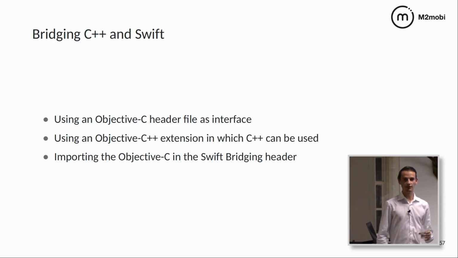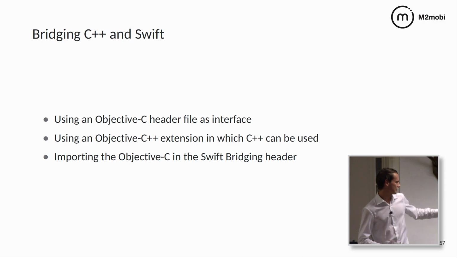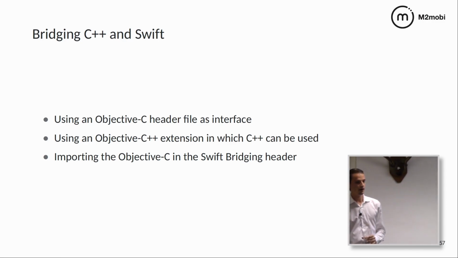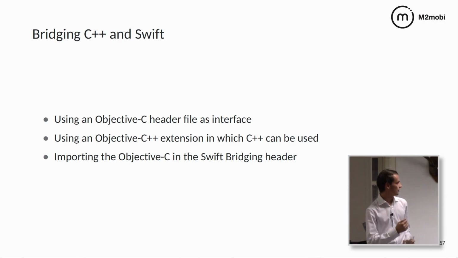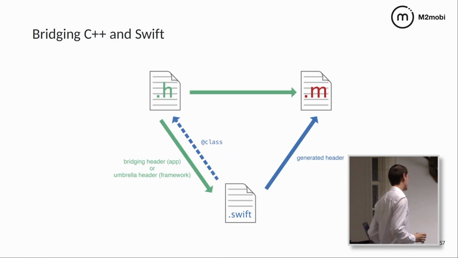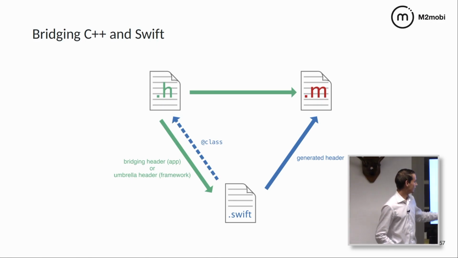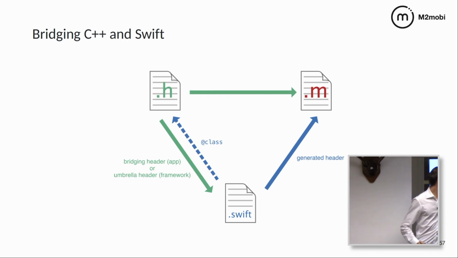And the neat thing Objective-C gives us, I assume you're all familiar somewhat with Objective-C, is categories, which are like extensions. You can use Objective-C extensions to include the C++. So this is normal bridging: you have a .h file which you can use in Swift, and the implementation is written in a .m file.